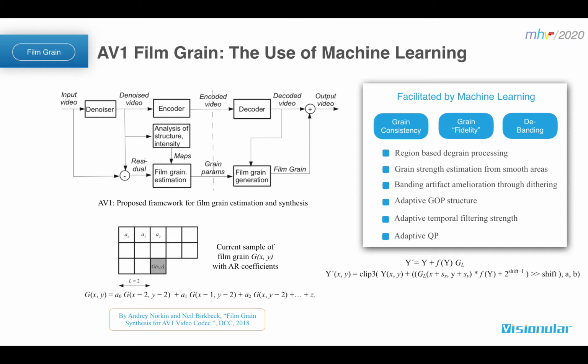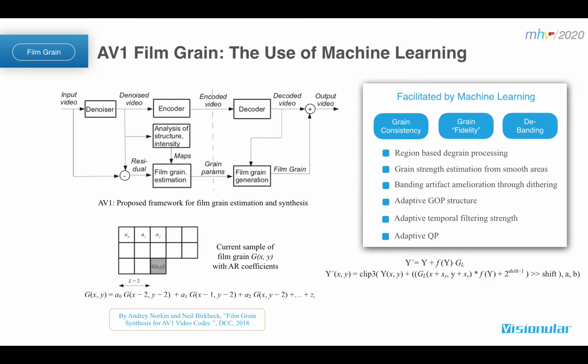From the several perspectives presented in this slide, we mention how to maintain great grain consistency both spatially and temporally, how to synthesize grain that is faithful pattern-wise to that present in the original signal, and also how to resolve the banding artifact by implementing good debanding algorithms from different perspectives shown in this figure.